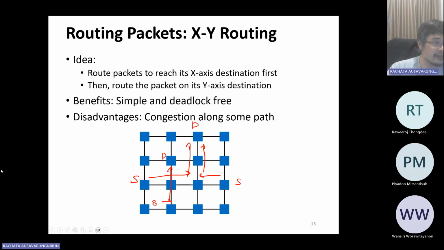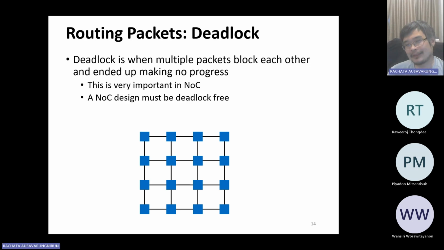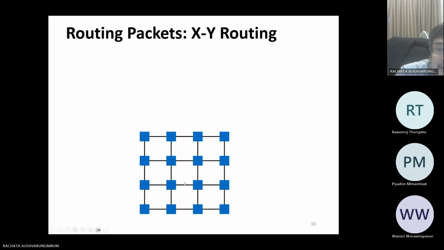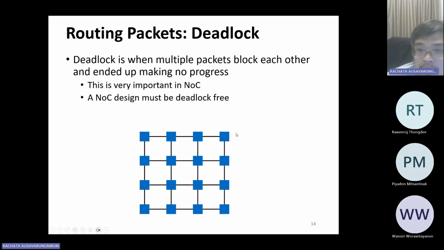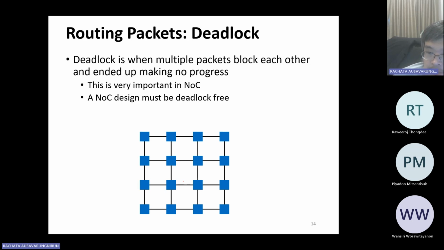All right, so since there's no question, let's talk a little bit about deadlock. This is a really important concept in network on chip because it has to be, first of all, deadlock free. For example, let's say I want to get from here and then take a turn here.